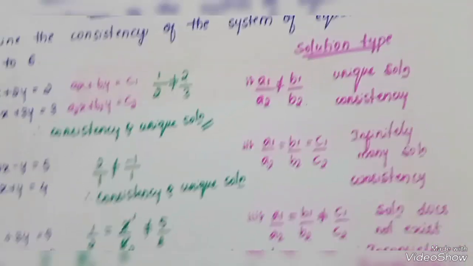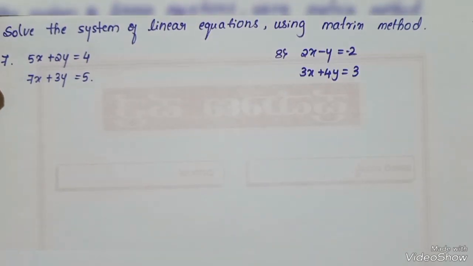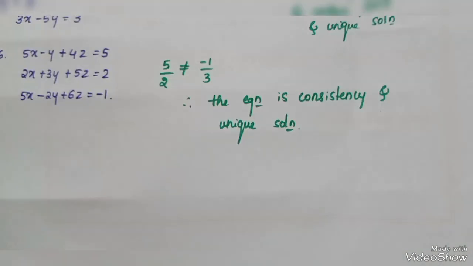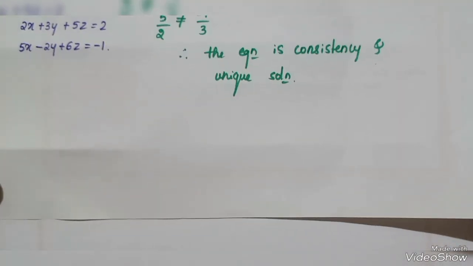Okay, now the next question is to solve the system of linear equations using the matrix method. Here the steps I already explained in the last session. Once again I will explain the steps for solving the system of linear equations by using the matrix method.